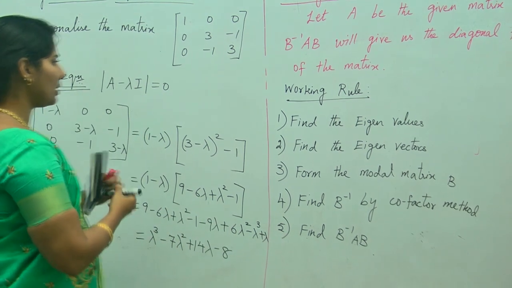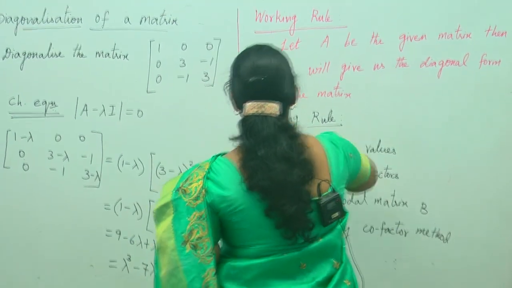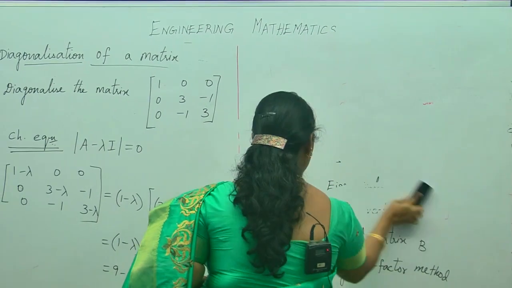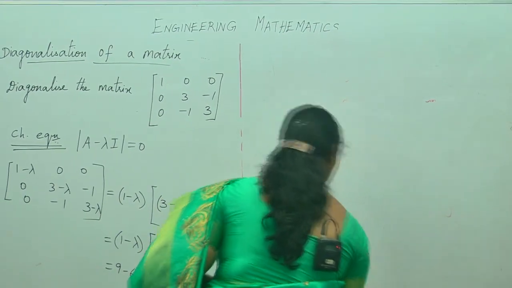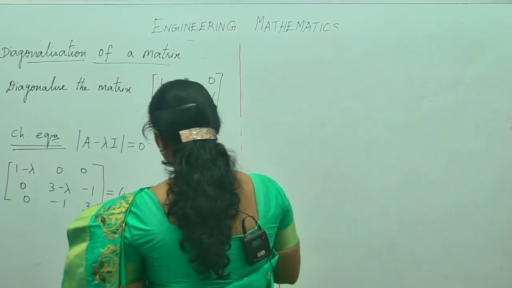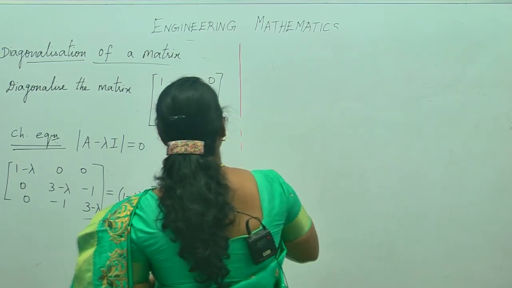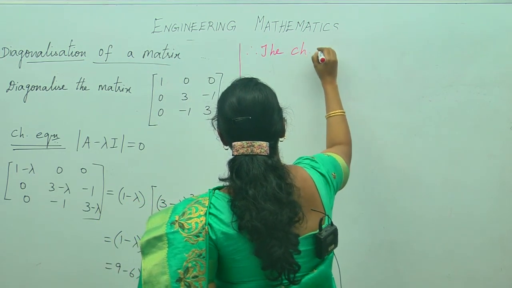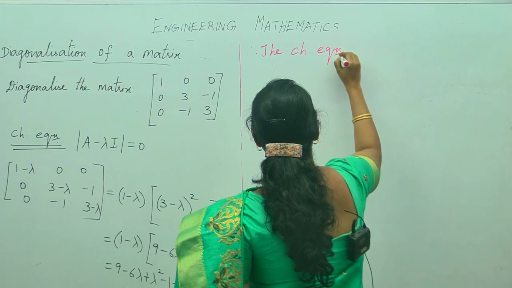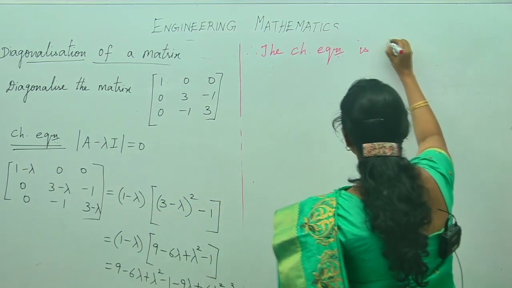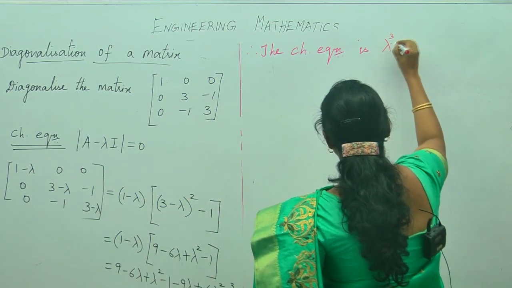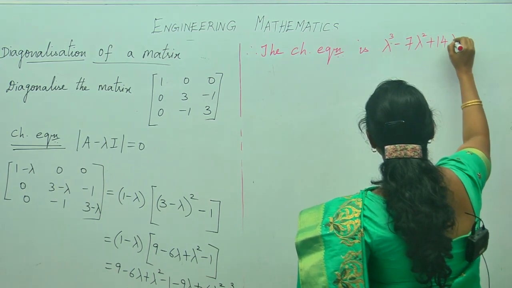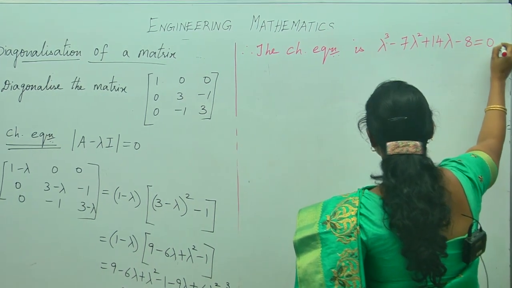Therefore, the characteristic equation is lambda cube minus 7 lambda square plus 14 lambda minus 8 equal to 0.